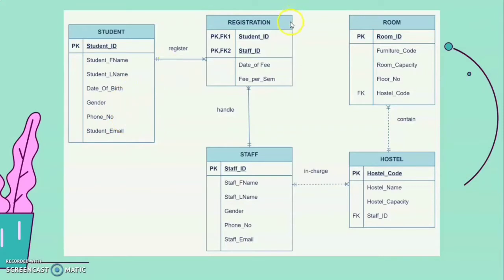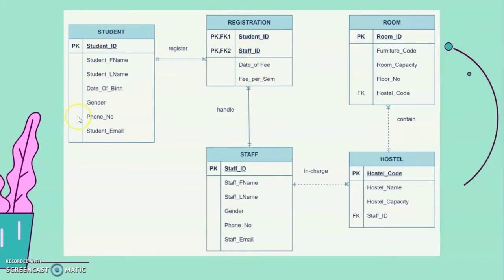And for registration, we have a primary key, student ID. The second primary key is staff ID. For foreign key 1, there is a many symbol, so the key 1 is student ID, and there is also a many symbol, and foreign key 2 is staff ID.